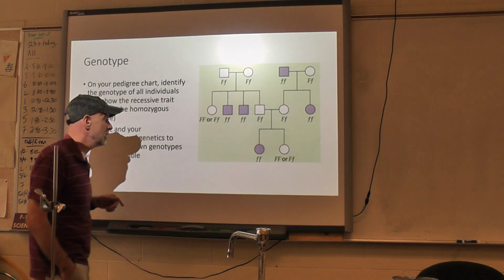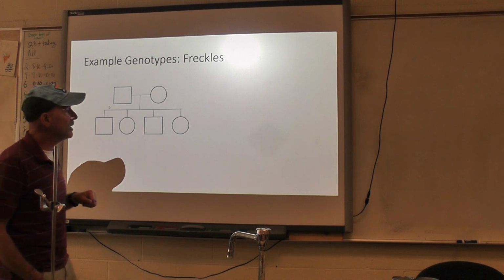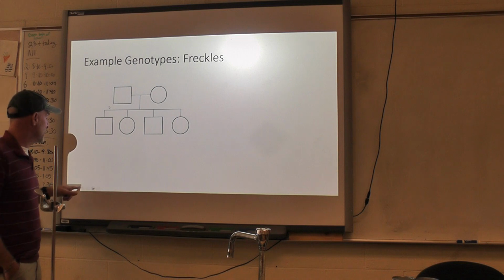So I'm going to go through a real example right now with you so you can see how that would work. This is going to be for freckles, and this was for one of the students in the first period of class.